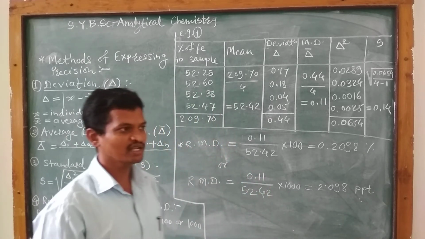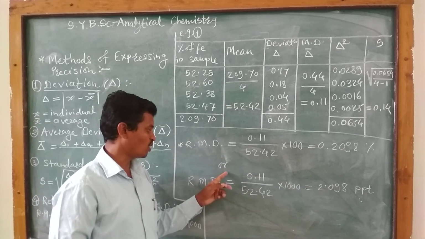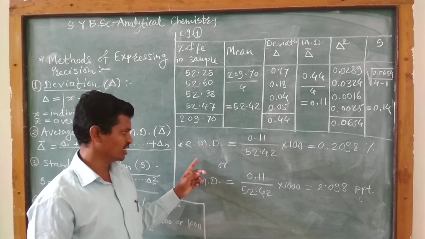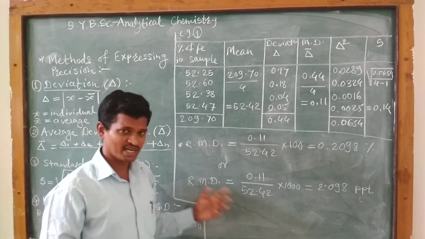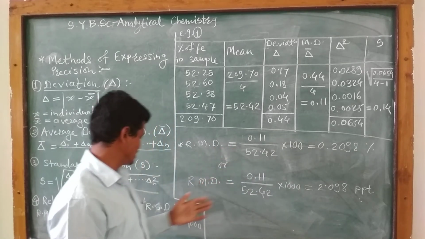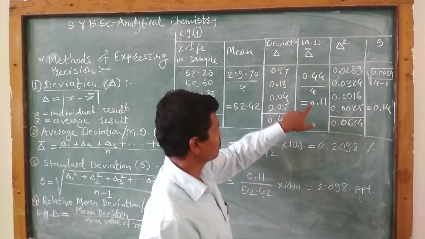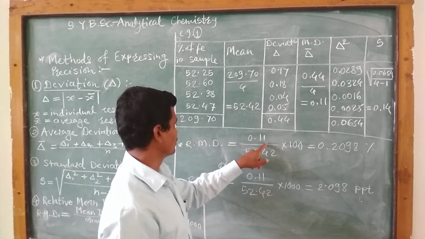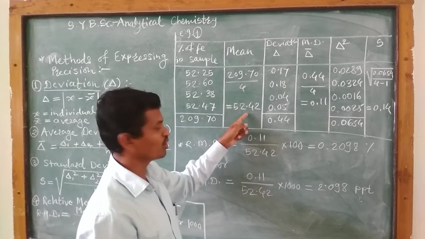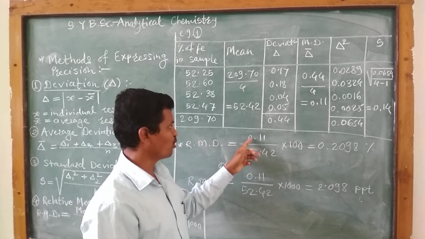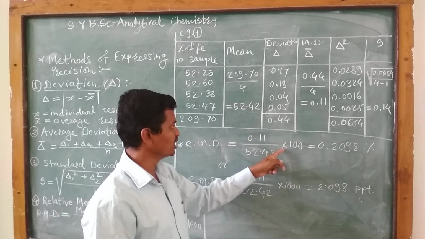The fourth one is remaining, and that is relative mean deviation or relative standard deviation. The formula is mean deviation divided by the mean value of the result. The mean deviation is 0.11, so 0.11 divided by the mean value of the result, 52.42, into 100.